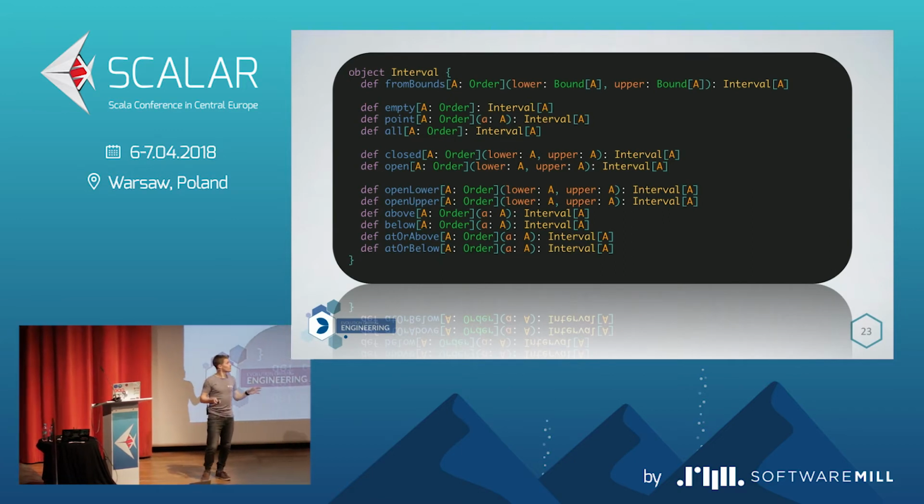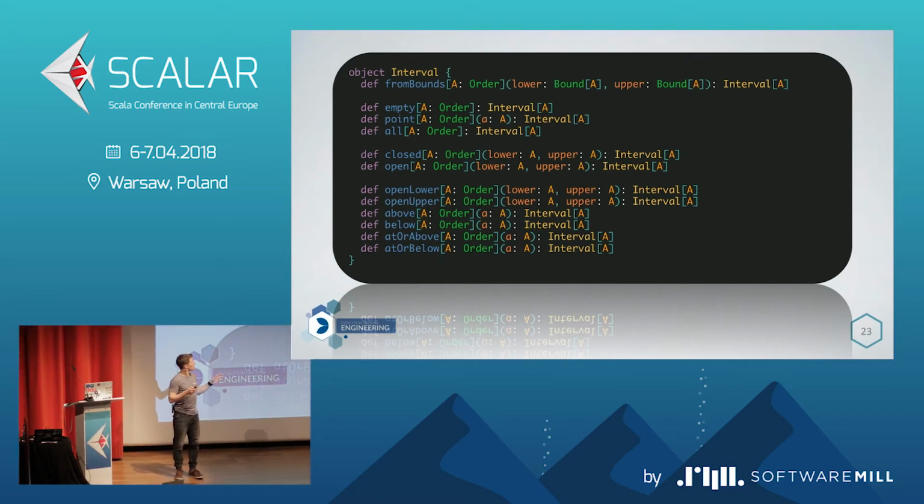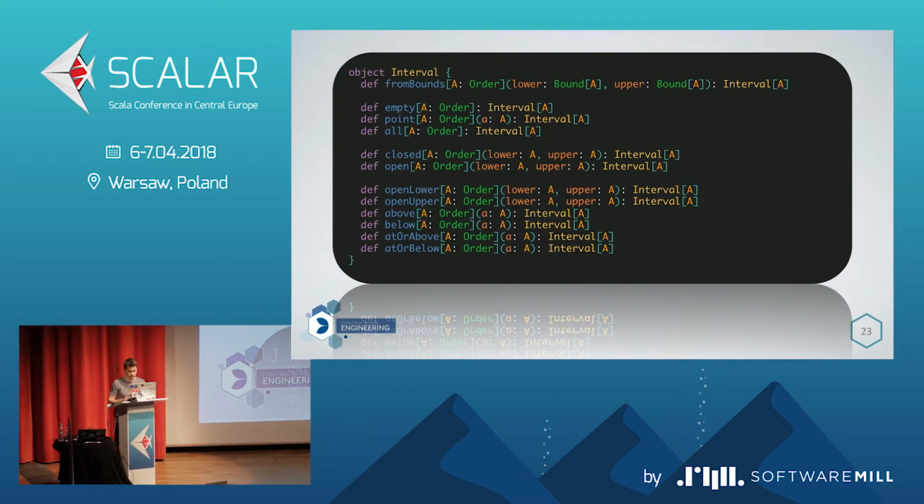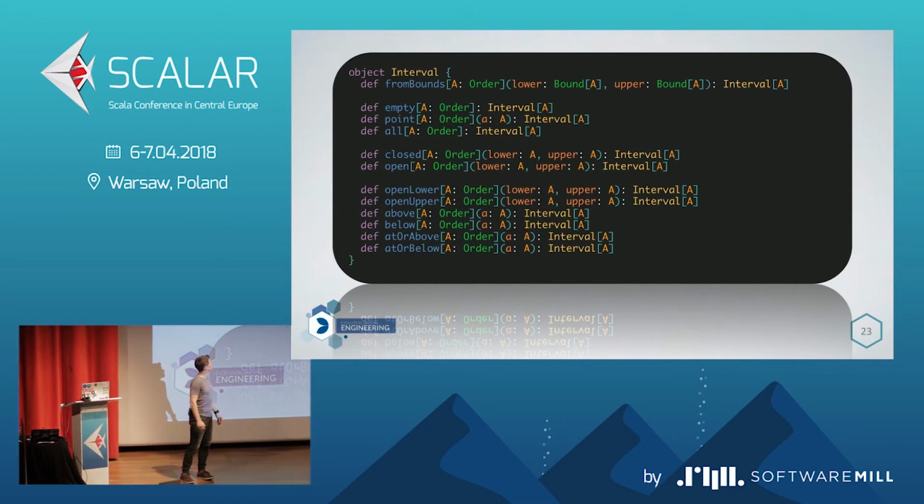I just have to warn you, some of them might throw, so this is not purely functional, but there are probably performance reasons. This is a more or less lower level thing, so throwing exceptions might make sense here. These are rich enough for most applications. You can create any kind of interval with those.